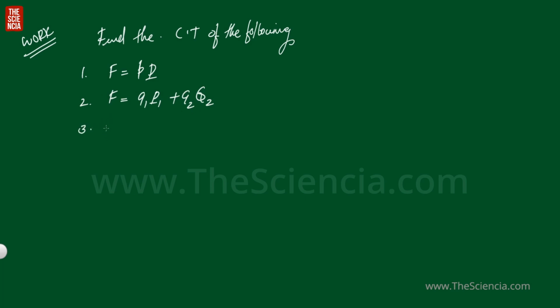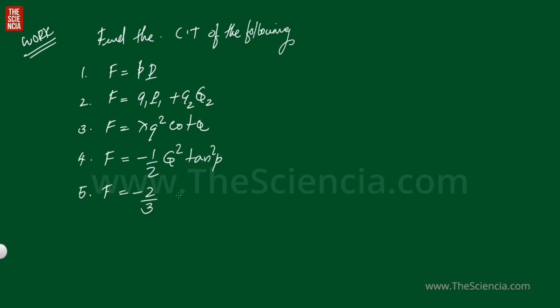Third one, f is equal to lambda q square cot q. And the fourth one, f is equal to minus 1 by 2 q square tan square p. And fifth one, f is equal to minus 2 by 3 into root 2 m square g into (q minus Q) all raised to 3 by 2. So please solve all these problems.